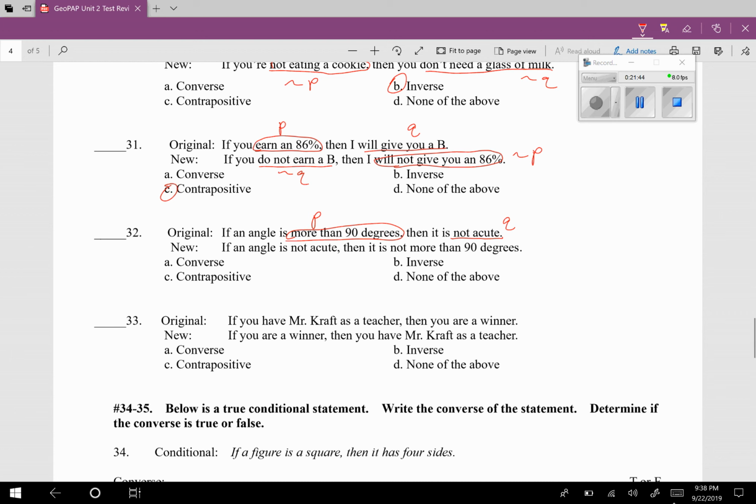If an angle is not acute, so that's Q, then it is not more than 90 degrees. So that one here is not P. So they went from P to Q and then went from Q to not P. That doesn't match, so that's none of the above.